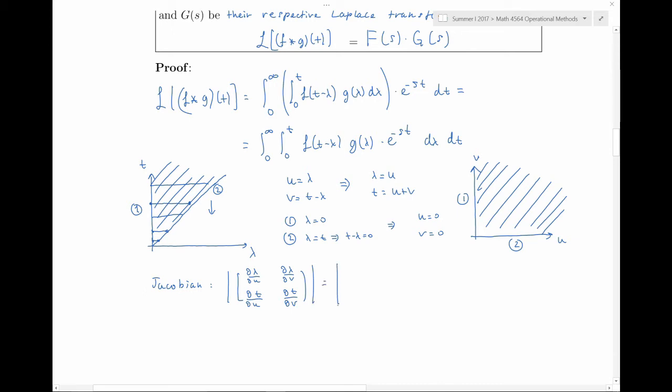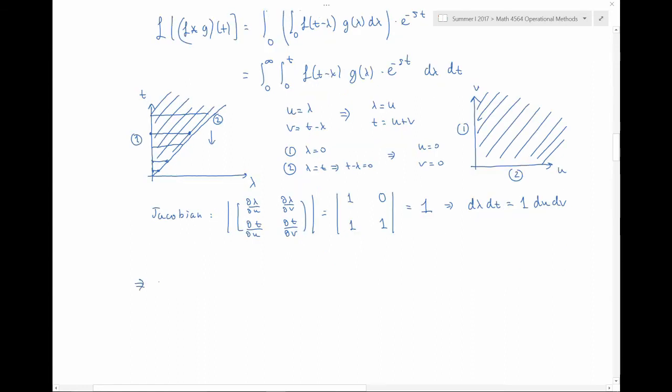Computing these partial derivatives gives us d lambda du is exactly 1, d lambda dv is 0, dt du is 1, and dt dv is 1, and the determinant of this is 1. Therefore, d lambda dt is exactly the same as 1 times du dv.